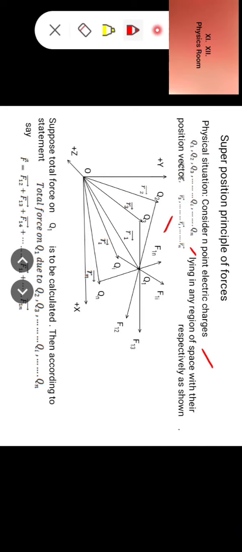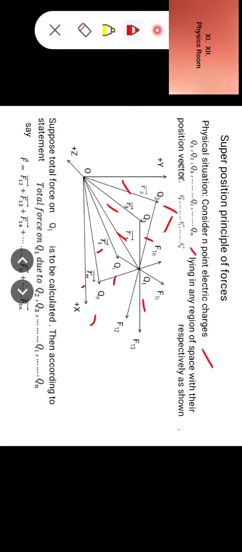So this is Q1 with position vector r1, this is Q2 with position vector r2, this is Q3 with position vector r3, this is Qi with position vector ri, this is Qn with position vector rn. Now suppose total force on Q1 is to be calculated.